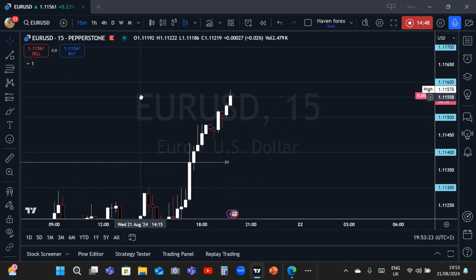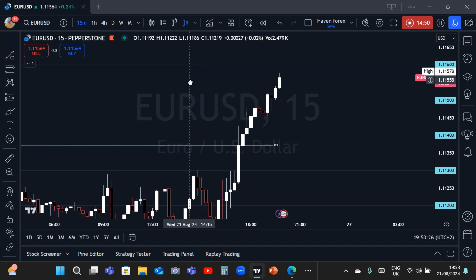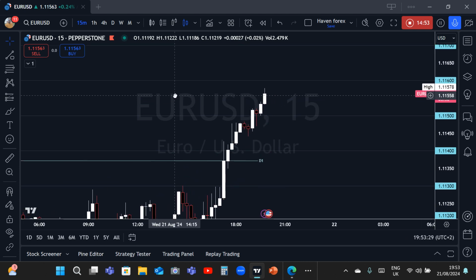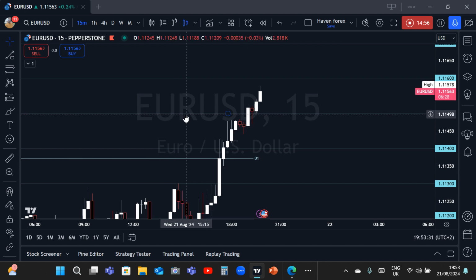So another tool that I want us to add to our trading toolbox is what we call MACD. All right, MACD simply means moving average convergence divergence. It is also a momentum indicator used in forex trading to identify changes in the strength, direction, momentum, and durability of a trend.